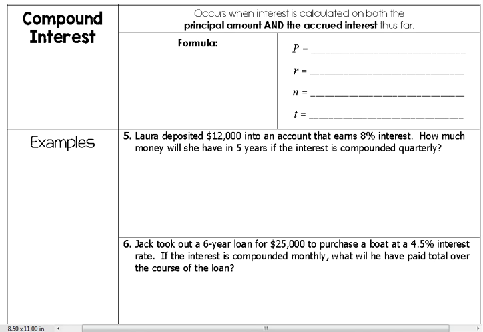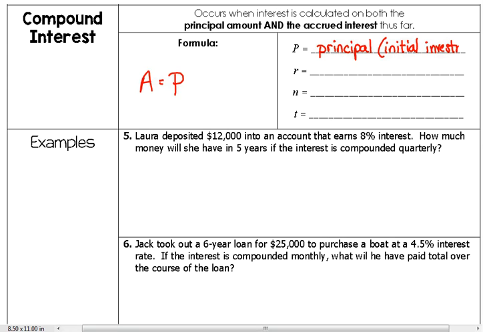So here's going to be our formula. A equals, the big A for the amount, equals a capital P. That stands for the principal, which is just a fancy word for your initial investment.